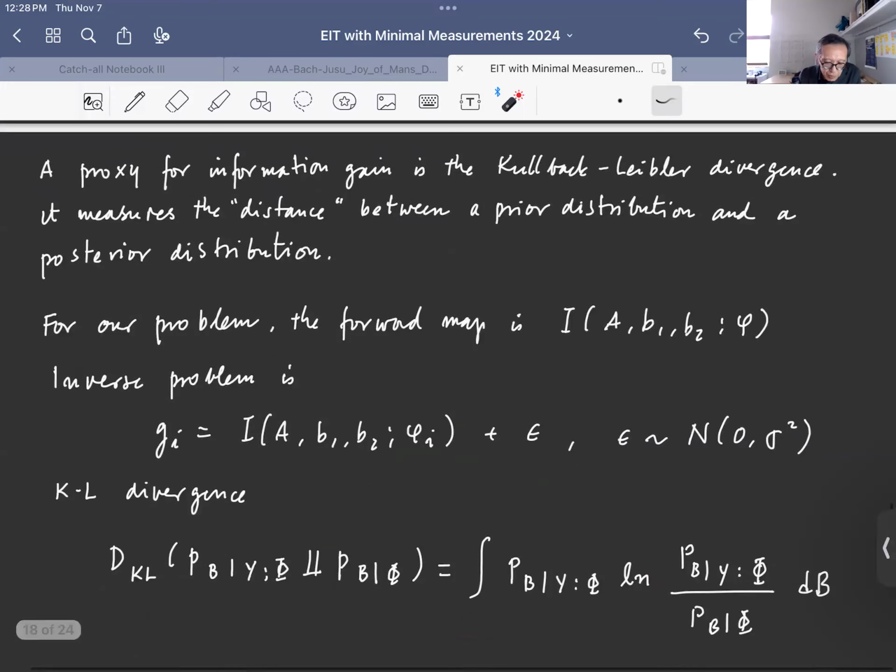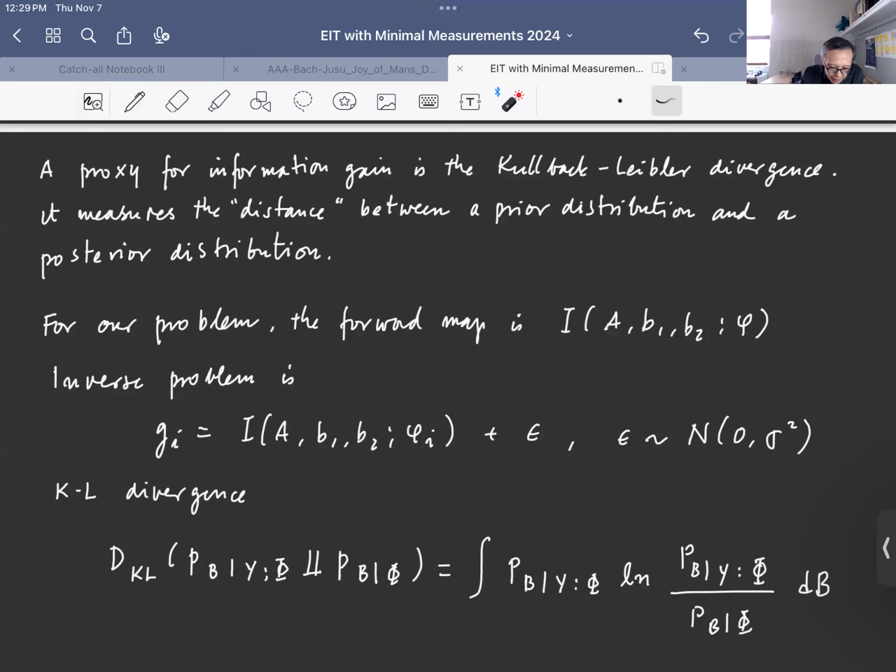There's a proxy for information gain in Bayesian statistics, and that's the Kullback-Leibler divergence, KL divergence. It measures, roughly speaking, the distance between a prior and a posterior. So for our problem, in this case, we're still thinking about the problem of finding the area of the ellipse and the two variables that place the center of the ellipse.